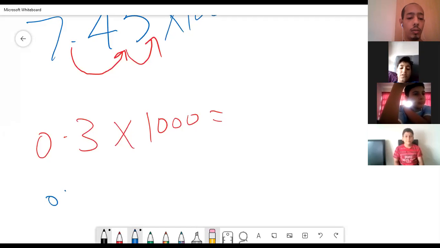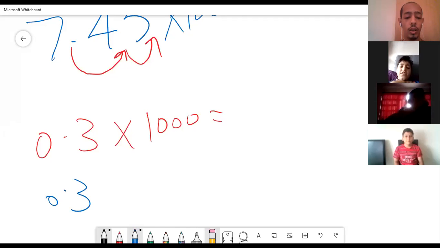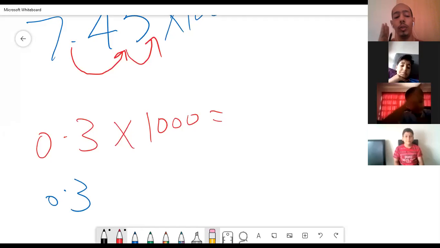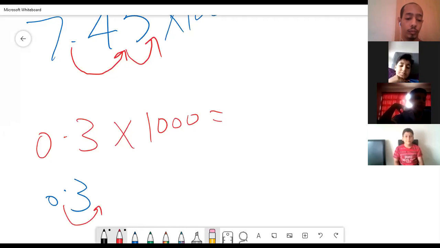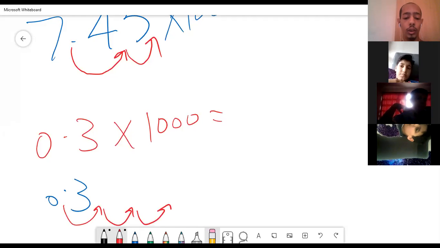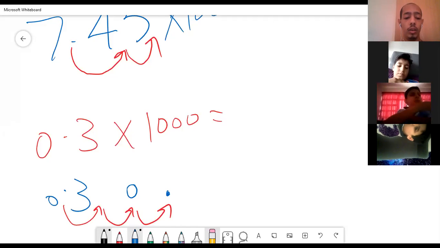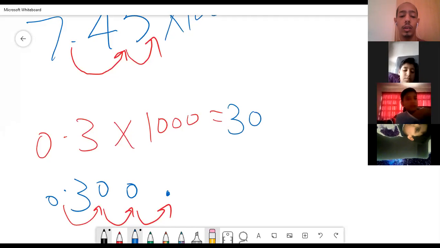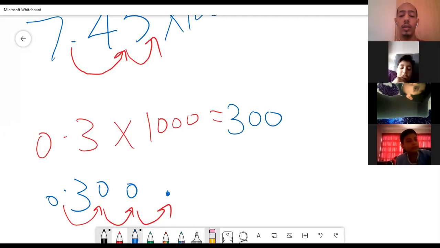This is 0.3. We have to move it 3 places. 1, 2, 3. Okay, 300. So the decimal point must be here, and here is 0, here is 0. So the number is 300 and the decimal point is here.